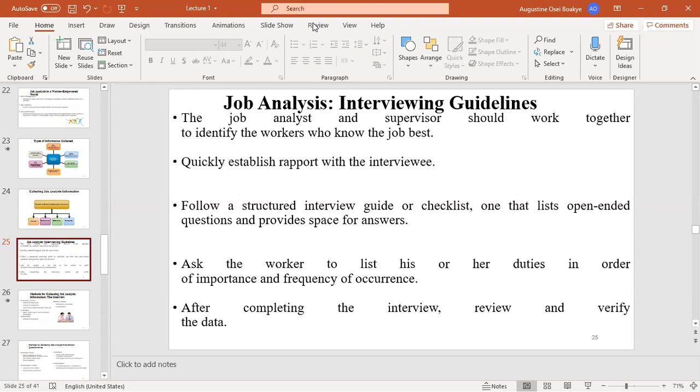Then it is going to take a huge amount of time before you will be able to gather all your information. The analysis process too will be very, very difficult because at the end of the day, you will be transcribing huge data sets. So that is about the disadvantage of the interview method.